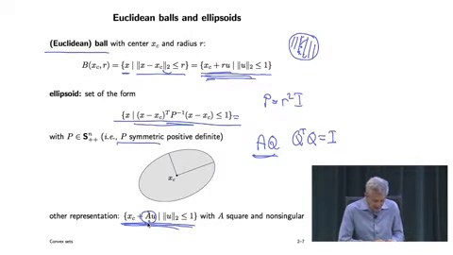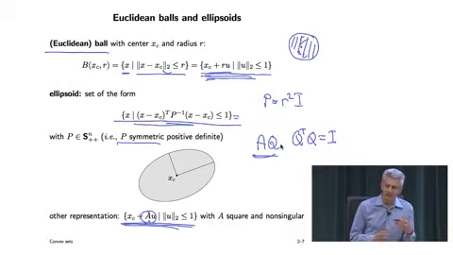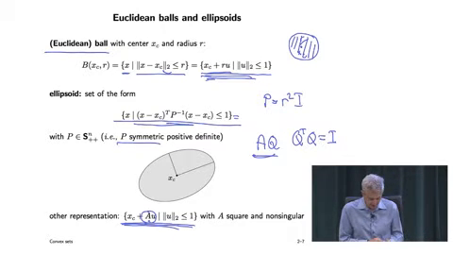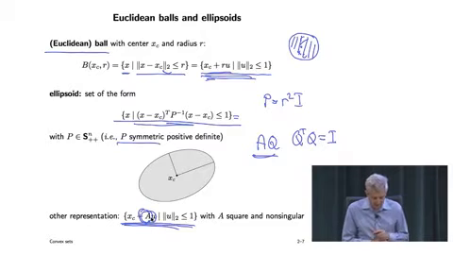If I take something whose norm is less than 1 and multiply it by an orthogonal matrix, I get something whose norm is less than 1, and vice versa, so it's the same thing. I'll just mention the following. We can make this representation unique by insisting that A be symmetric and positive definite. I'll let you figure out how you'd make that argument, but the hint would be to take a singular value decomposition of A.